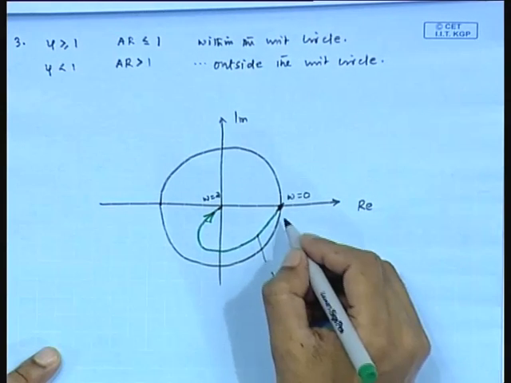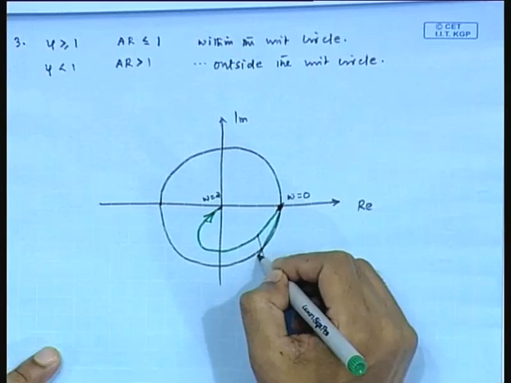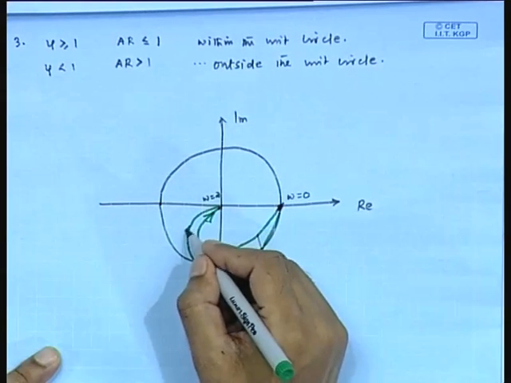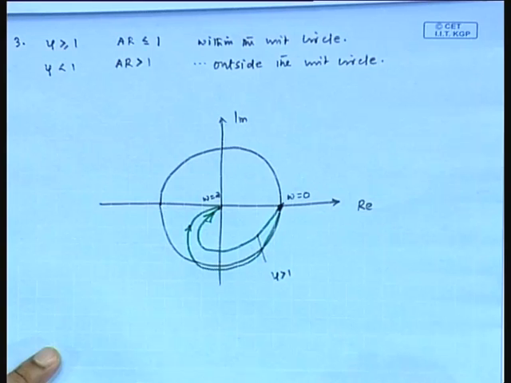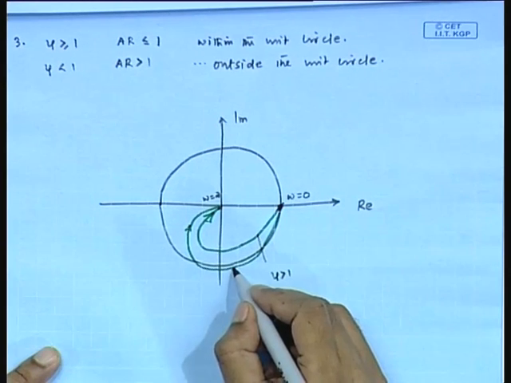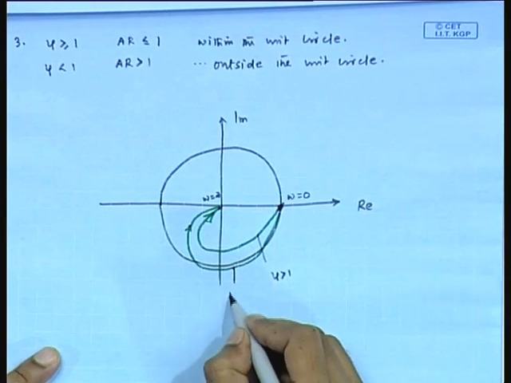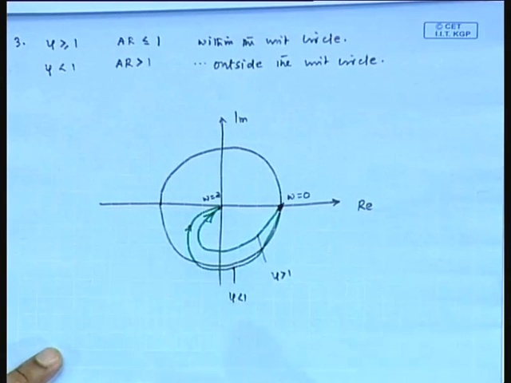Similarly, when zeta is less than 1, we obtain this plot. I mean, this polar plot is outside of the unit circle. Fine. So, it is clear that the polar plot depends on the value of zeta.